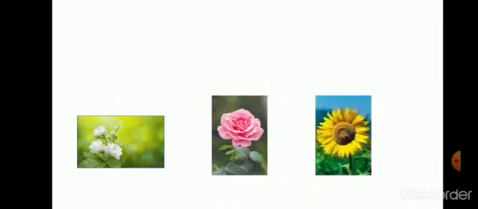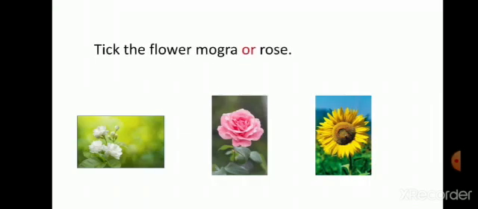Now what can you see here? Mogra. What is this? Rose. What is this? Sunflower. Now here you have to choose one of the flowers. For example, take the flower mogra or rose, means any one you have to choose from this.